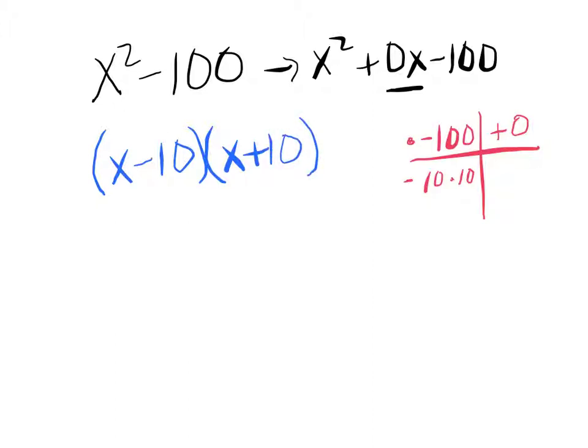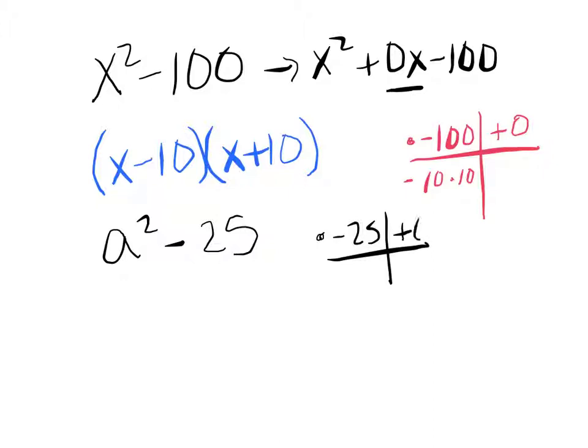If we look at another problem like this where we're looking at squares, let's say we had a squared minus 25. This is a difference of squares. We're looking for things that multiply to be negative 25 and add to be 0, because that term cancels out. So we're going to end up with 5 and negative 5. So I'm going to use my blue. So we have a minus 5, and we have a plus 5.